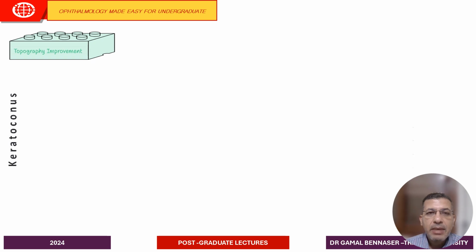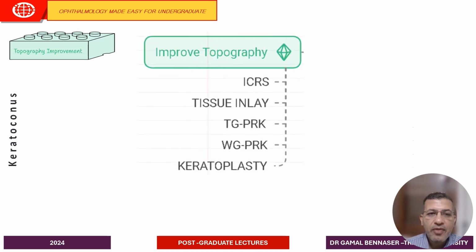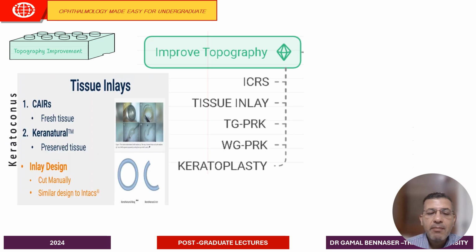So by stabilizing the shape of the cornea, that is the topography of the patients, we are dealing with the high order aberrations, so that we can improve the visual quality of the patients. This regularization of the shape of the cornea can be done by different techniques. One of them is the intracorneal ring segments or the tissue inlay, as we will explain later, either the CAIRS or the Kera natural or the customized inlays.